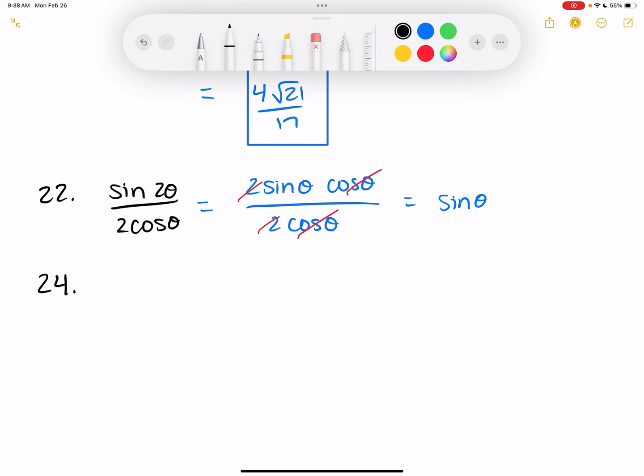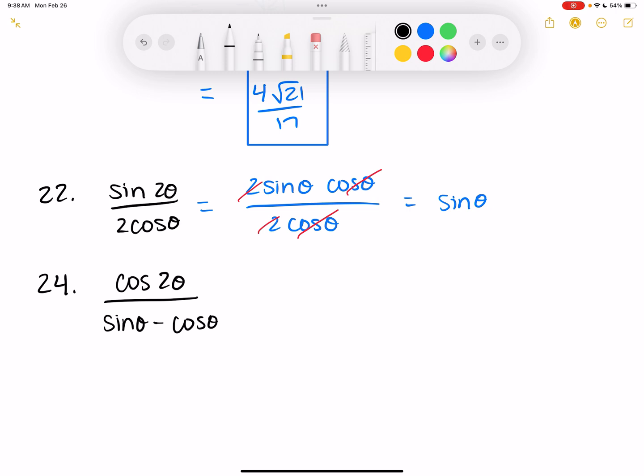24. Cosine 2 theta over sine theta minus cosine theta. So cosine 2 theta has 3 different ways that it can be rewritten, right? I want to find one that looks basically similar to what I'm trying to cancel out on the bottom.